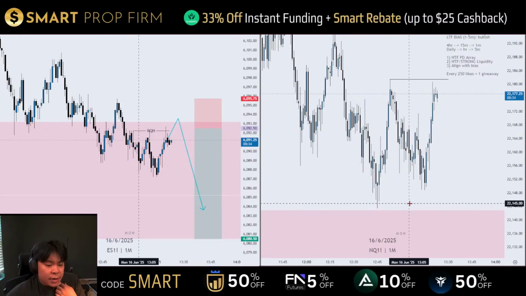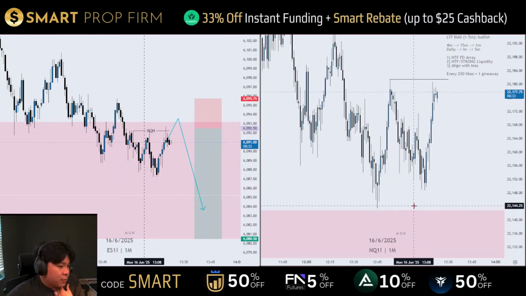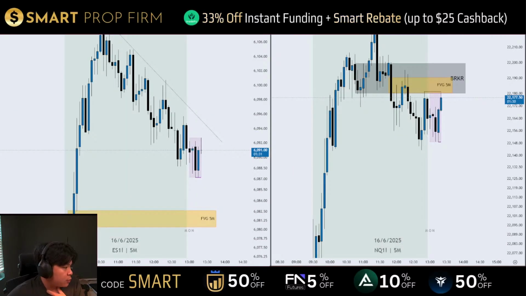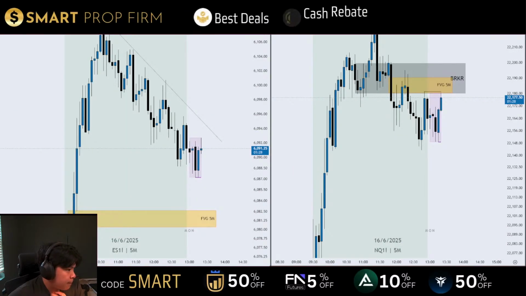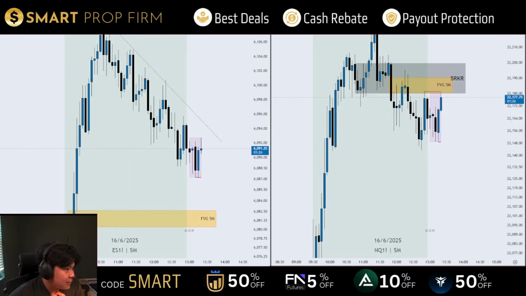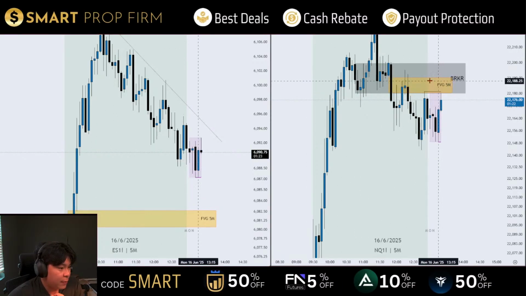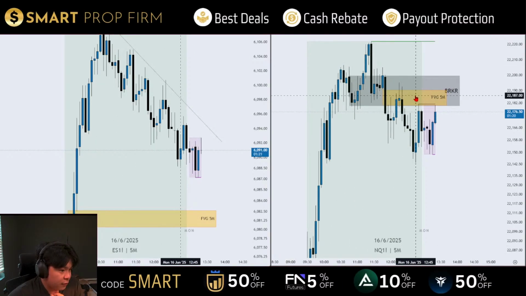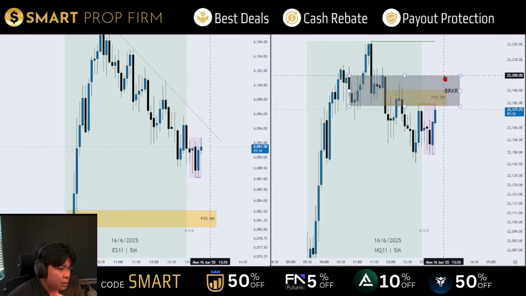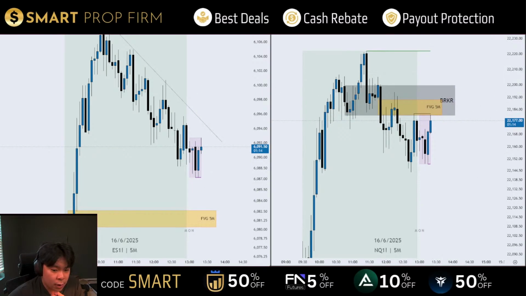Did not think that would keep on teasing these lows, but that just makes it even better when we do want to flip. There's a 5-minute breaker here too with the FVG. If we get a closure back above, let's say like 95s, 200, this is going to be very bullish, pushing.